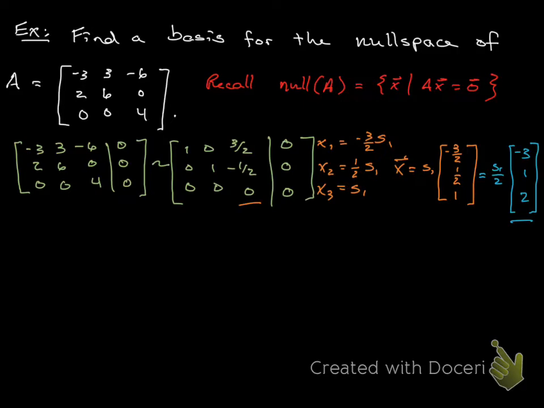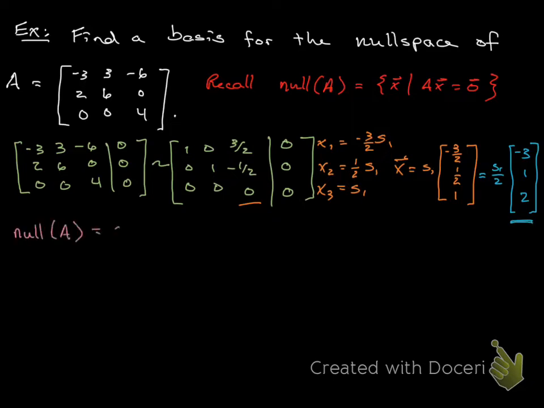Really, there's only one vector in my null space, right? There's only one vector. The span of that vector forms the null space of A. So all combinations of minus 3, 1, 2 solve my system when I set it equal to 0. That lone vector forms a basis for the null space.